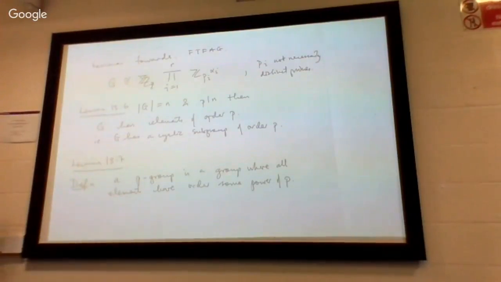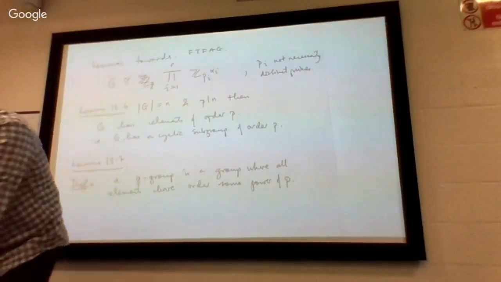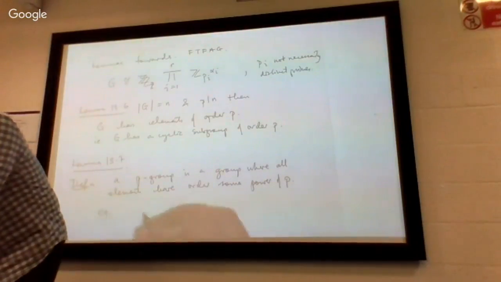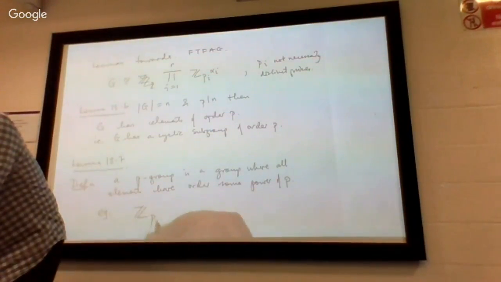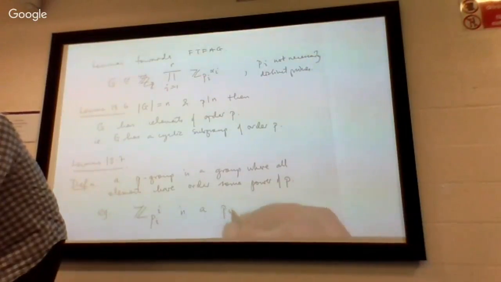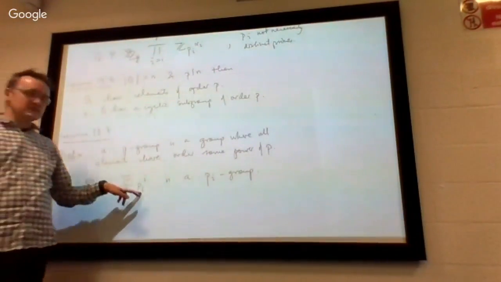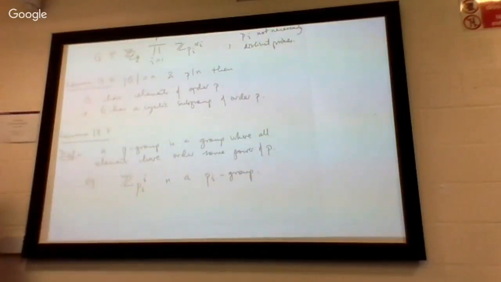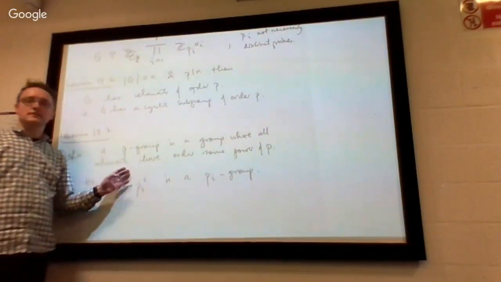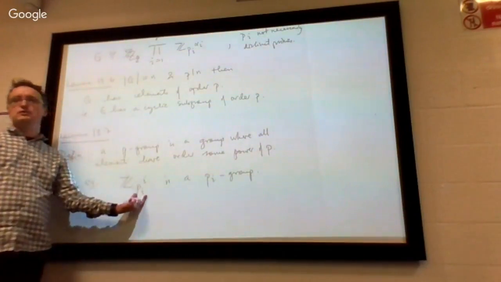So e.g., and basically this is the kind of thing we're thinking of, Z_{p^i} is a p-group. The cyclic group whose order is some power of a single prime. Lagrange's theorem tells us the order of any element here is a divisor of the order of the group.